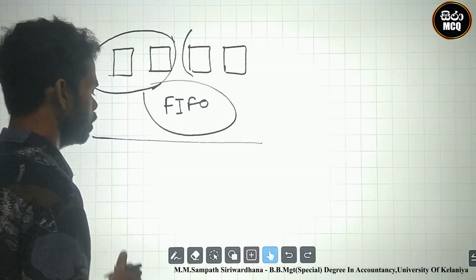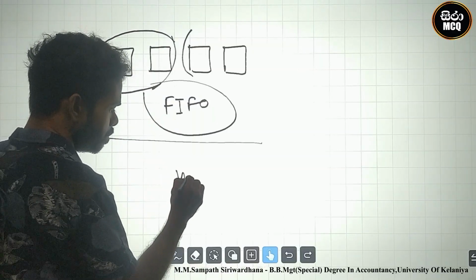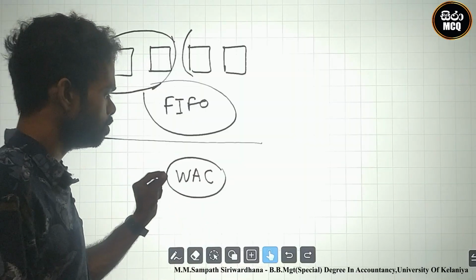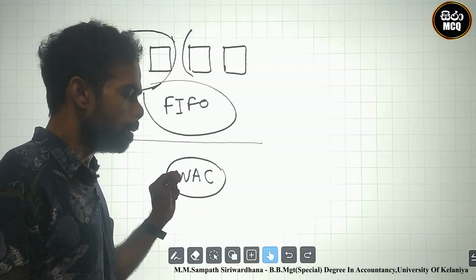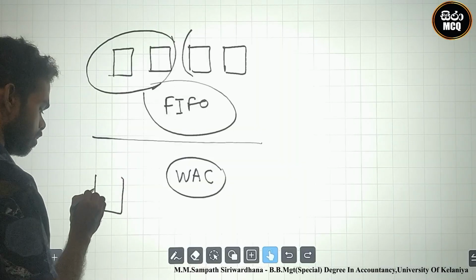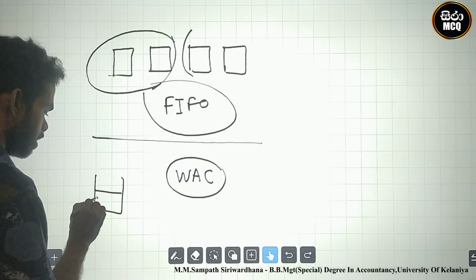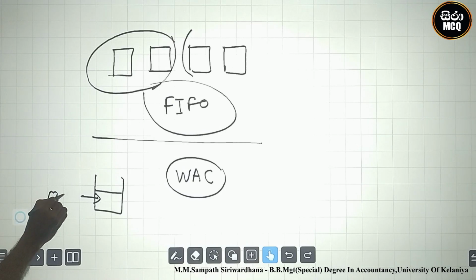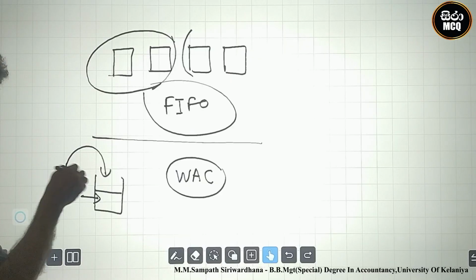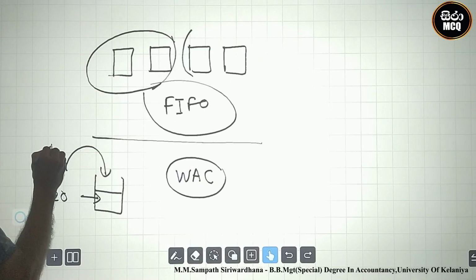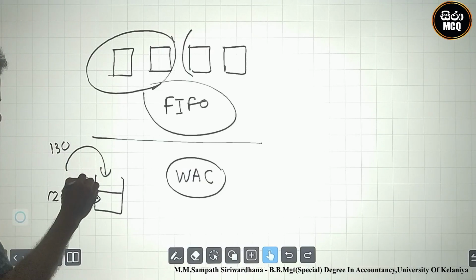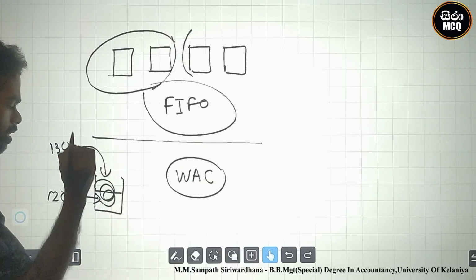For these we can use the weighted average cost method. Why? They are mixed. For example, there is petrol at a price of 120. Again we add more petrol at a price of 130. After adding the new petrol, they mix.